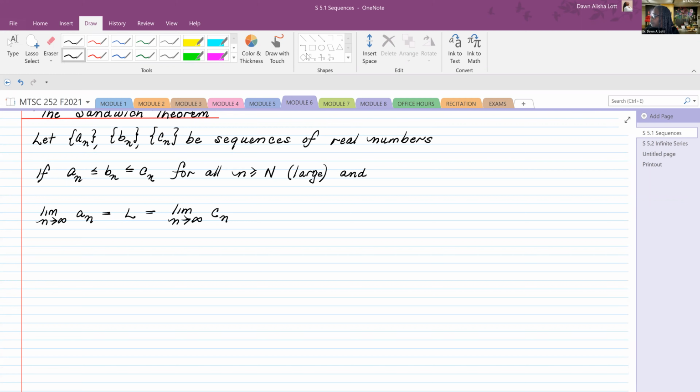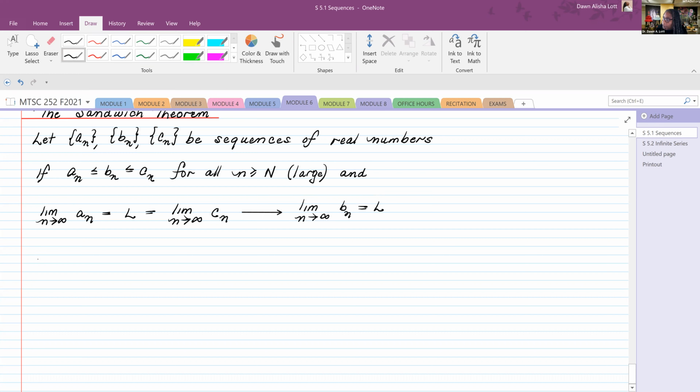So the limit as n approaches infinity of b_n is also L. This is called the sandwich theorem.